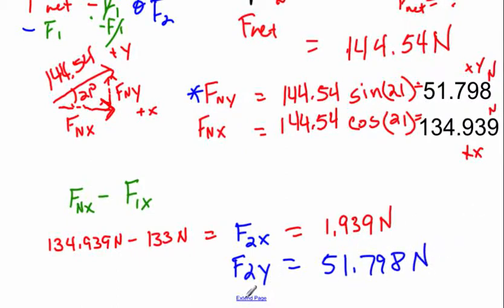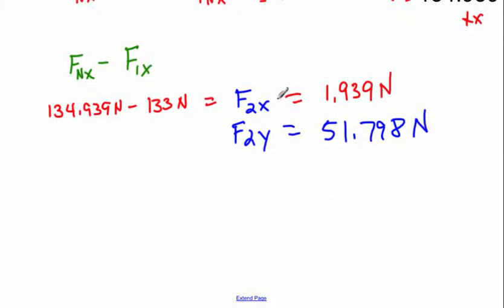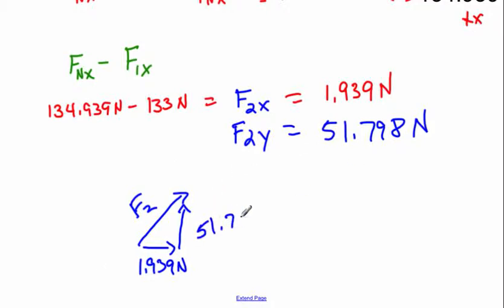So now, we're getting there. So now the second force, we know its components. We know that its X is this little bitty 1.939 newtons, and we know that its Y is made up of 51.798.